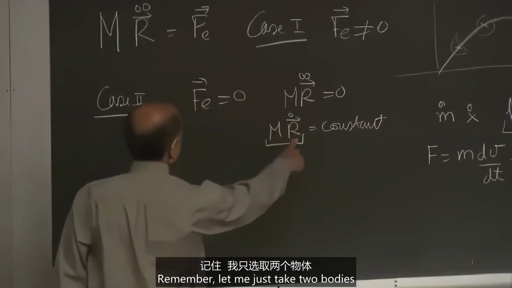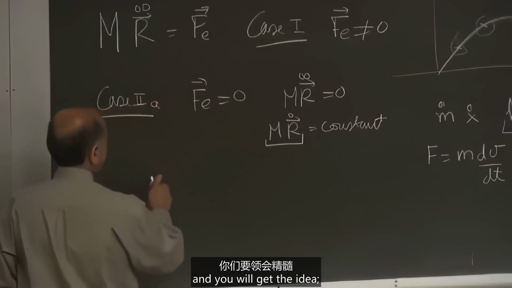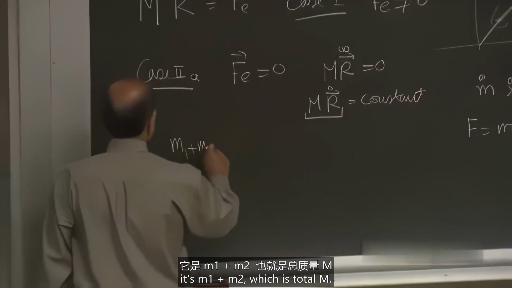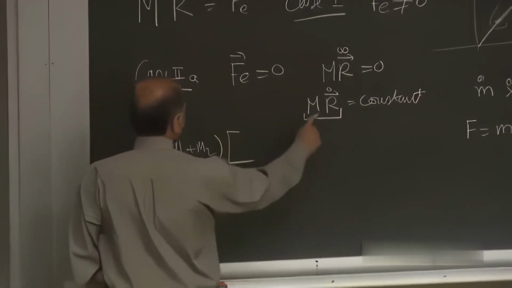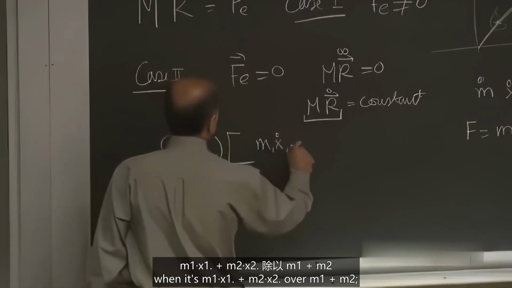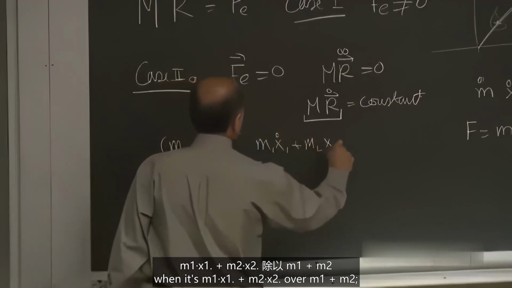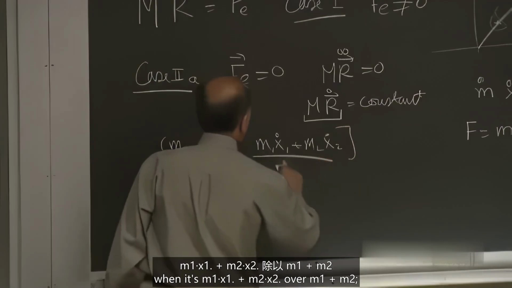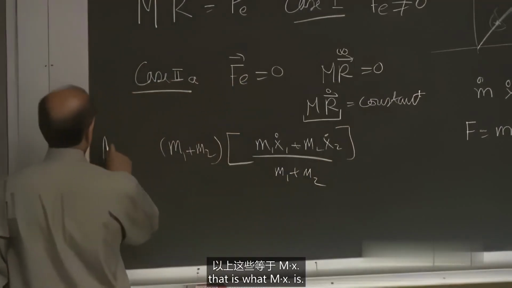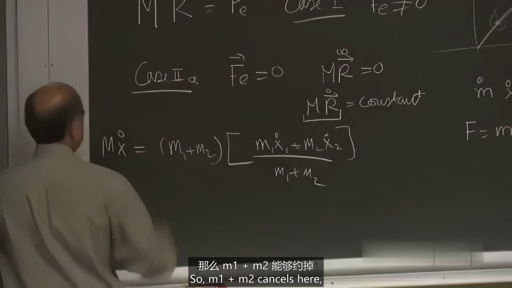Let's go back here. Remember, let me just take two bodies and you will get the idea. It's m1 plus m2, which is total m. And let's take just one dimension, when it's m1 x1 dot plus m2 x2 dot divided by m1 plus m2. That is what m x dot is.